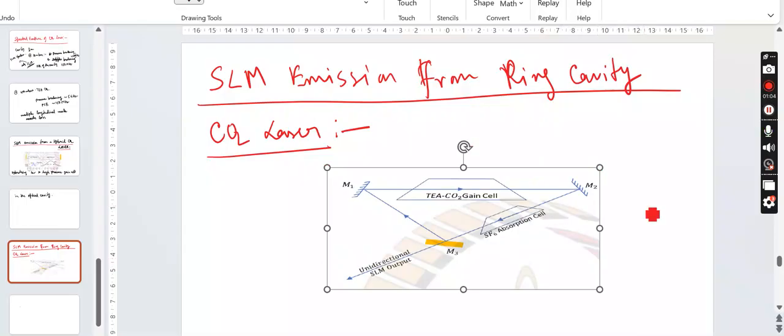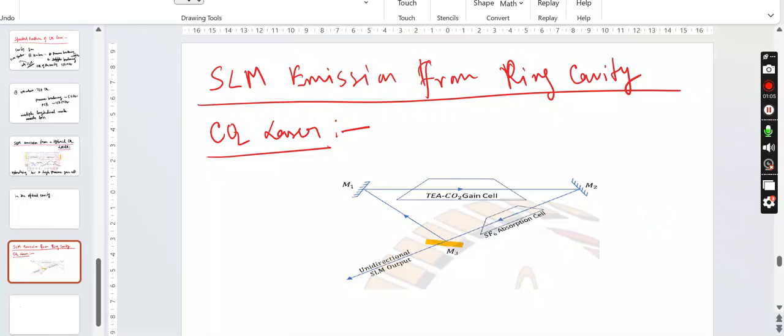So the ring cavity, which is M1, M2, M3: M1 and M2 are highly reflective, and M3 is partially reflective. So if we put a carbon dioxide gain cell in one arm and an absorption cell in another arm, we'll get SLM output from it. And this is from a unidirectional laser. This is unidirectional emission.